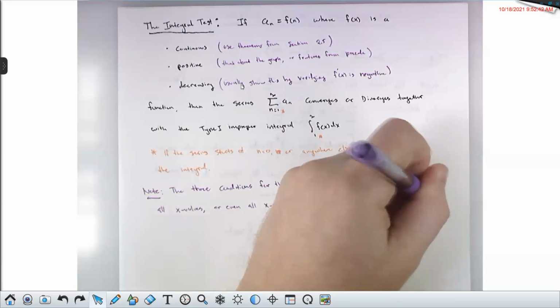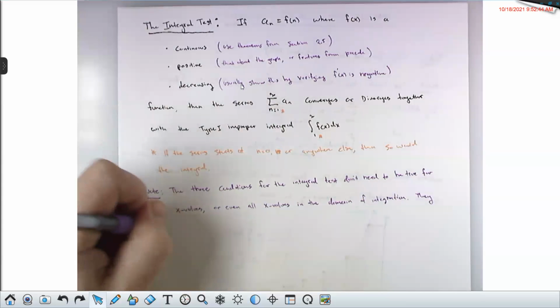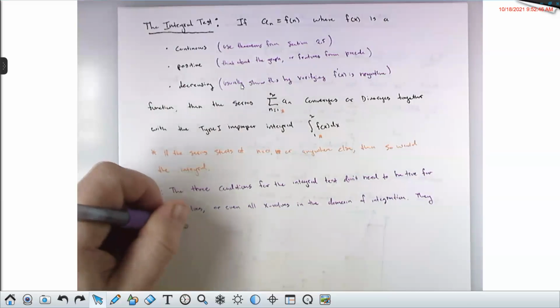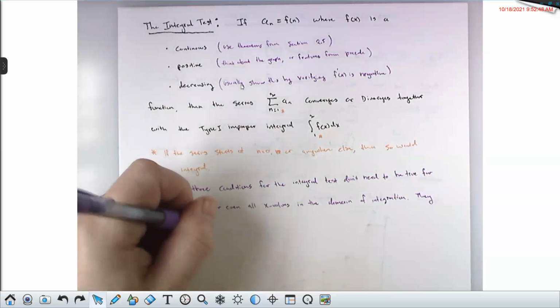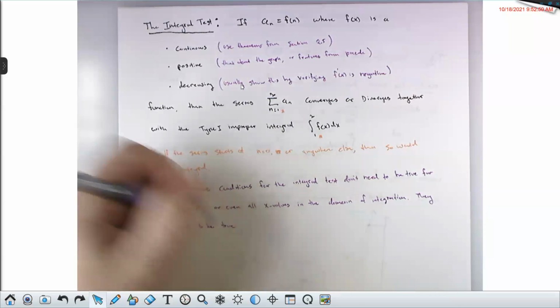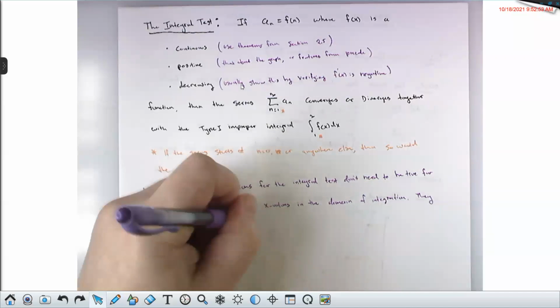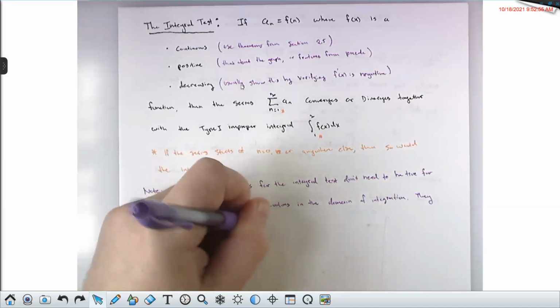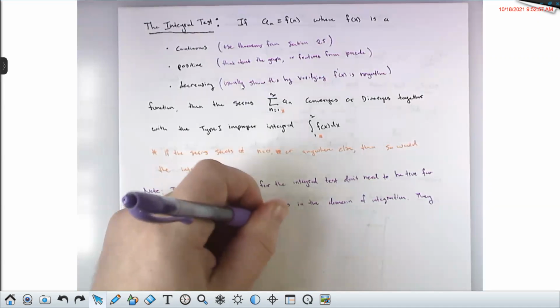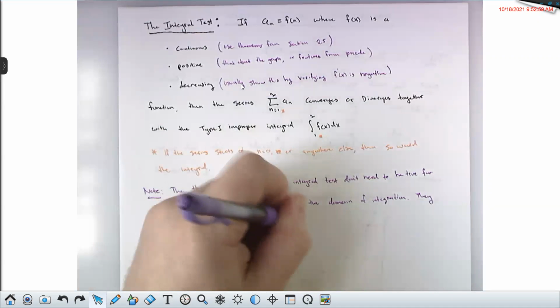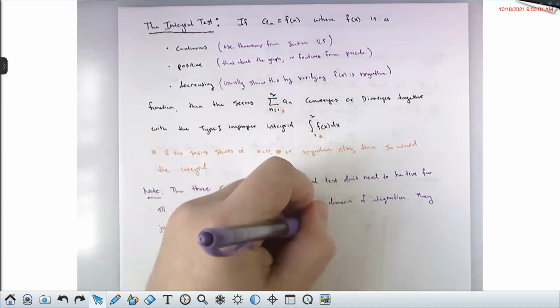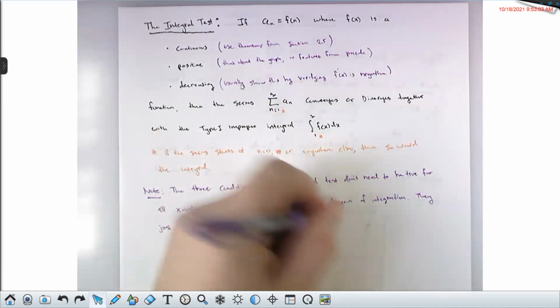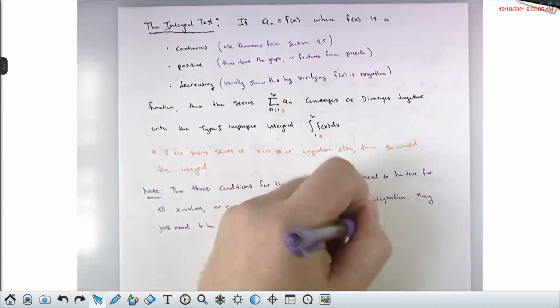They just need to be true, the word mathematicians use here is eventually. And what we mean by that is for all x past some number.